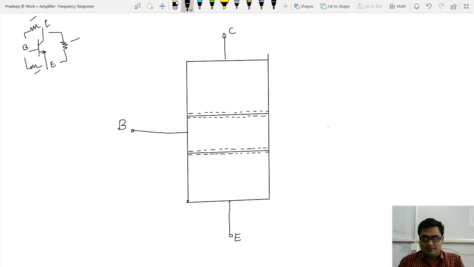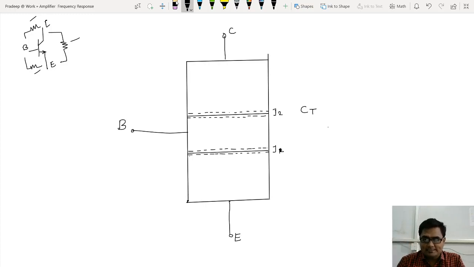Now let me call this junction J1 and this junction J2. As junctions are there, junction capacitance must be there. So the junction capacitance between base and collector, let me give it the name CT, transition capacitance.